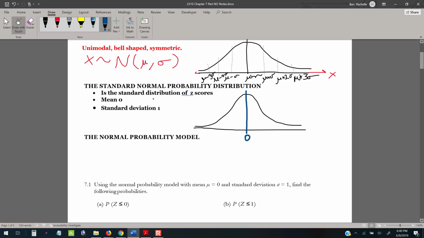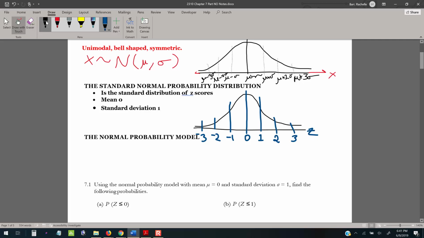And then it has standard deviation 1, so going up one standard deviation is just going up 1, so this is a 1. And then one more would be 2, and then one more would be 3. This is why I was telling you when z is bigger than 3, you're very unusual. And then this would be -1, -2, and -3.